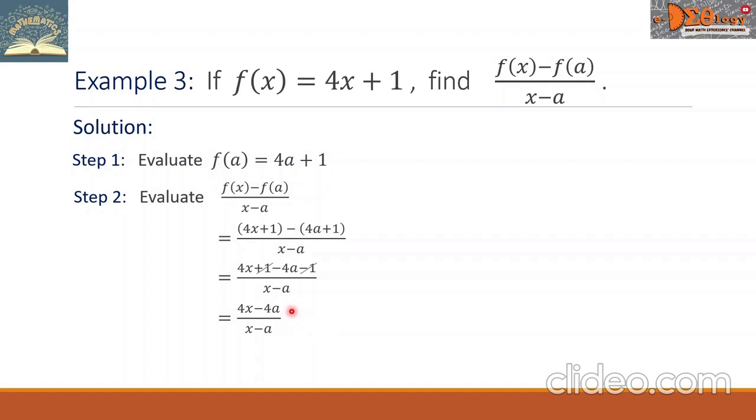So, we factor out our numerator, 4 times x minus a, all over x minus a. And we see here that our binomial x minus a is common to numerator and denominator. We can cancel it out. Finally, the answer is 4.